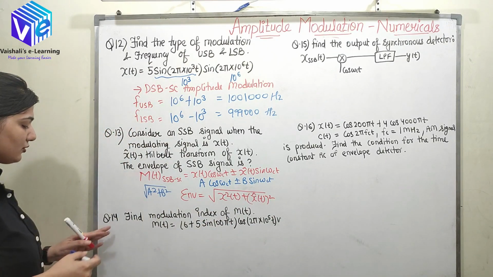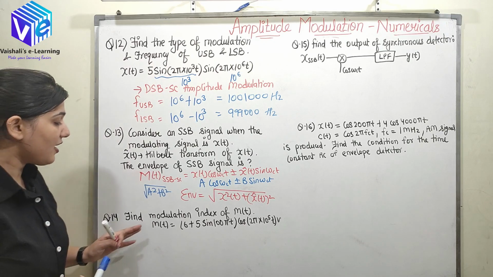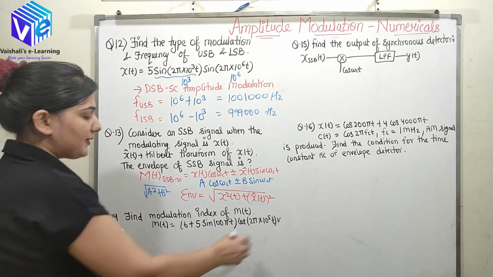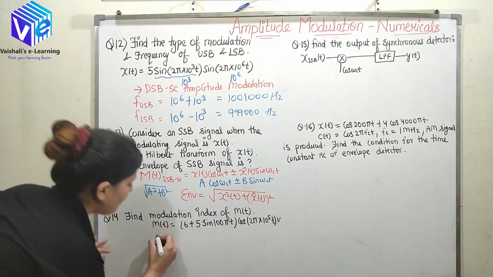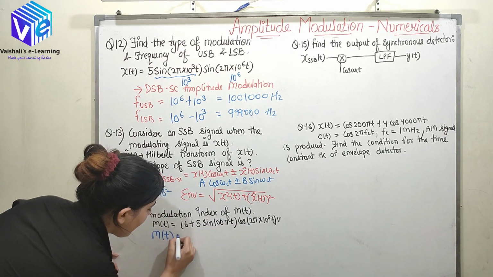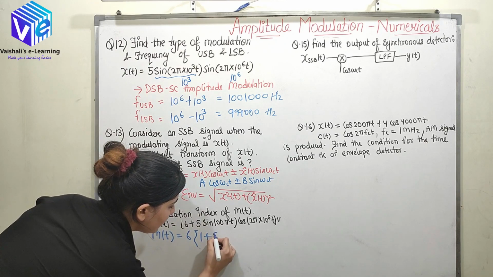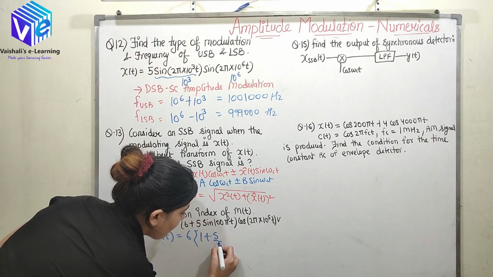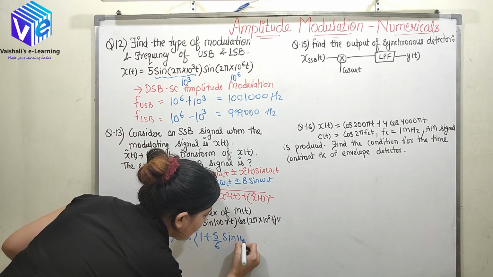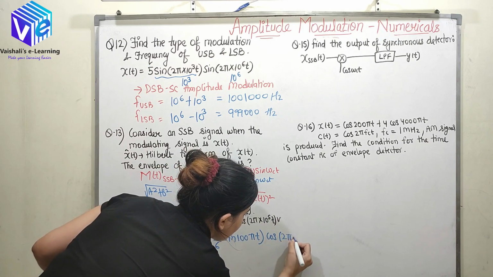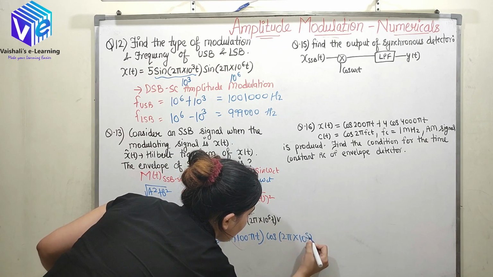Now coming to the next question, it states: find the modulation index of m(t). So m(t) is given by this equation. I can simplify m(t) and take 6 common. So I can write it as 1 plus 5 by 6 sin 100πt cos 2π into 10 raised to power 5 t.